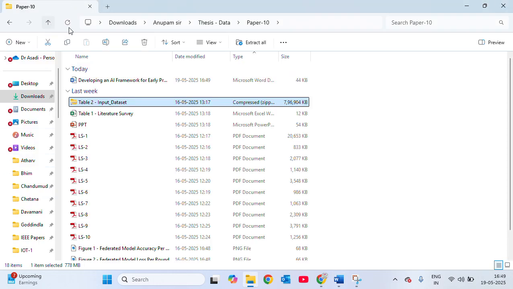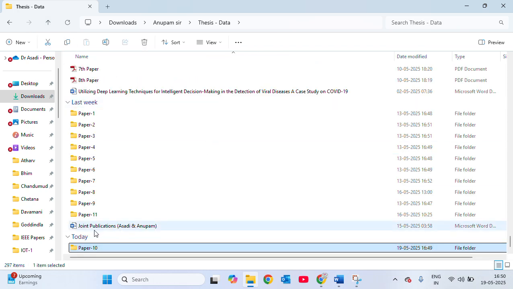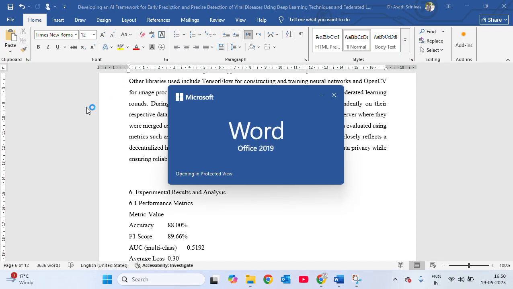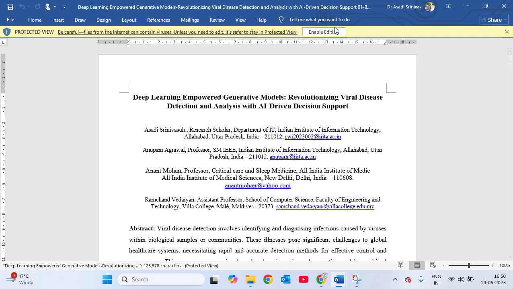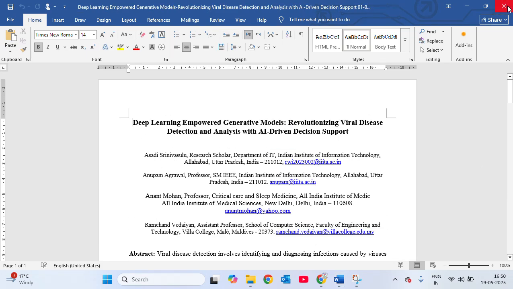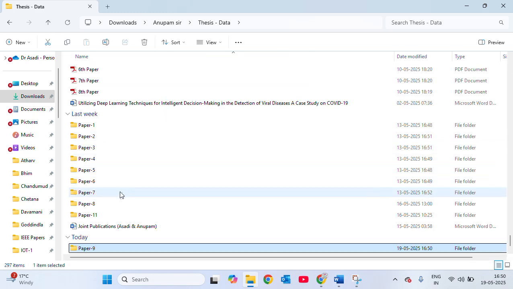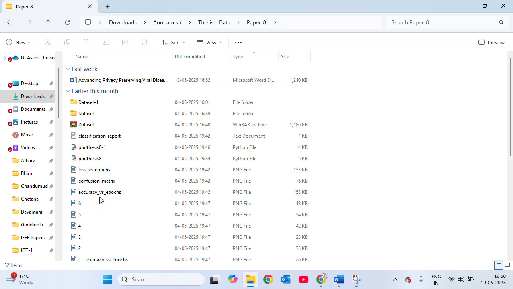What to do, 1 second. The diagram, if you see in paper 9, let's see in this one, not here, I guess it is not here. We'll go, 1 second, 8th paper, yes, here it is there.